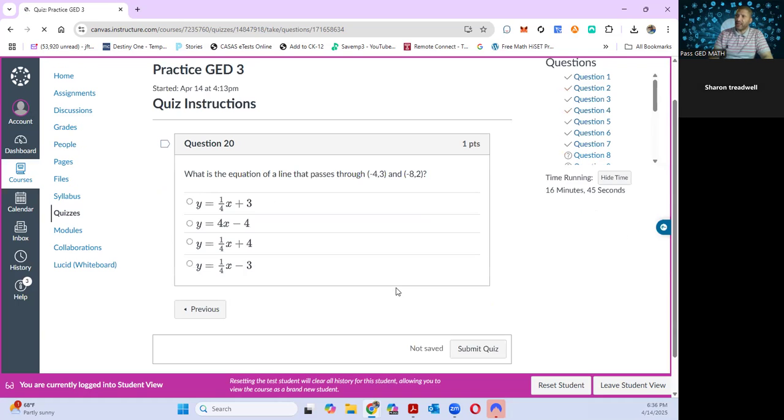What is the equation of the line that passes through minus 4, 3 and minus 8, 2? It's the one I need to know how to use my calculator to do, because I could do it by hand. Whichever way you got to do it.